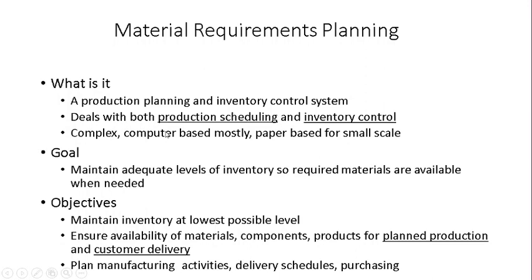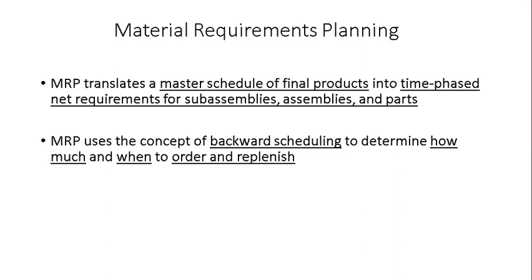It is actually a computer-based system, but for some small-scale manufacturing processes, it could be based on a traditional paper-based approach. So actually, it uses backwards scheduling, beginning from the final products that are required to be delivered, and schedules into a time-phased net requirements all the sub-assemblies, assemblies, and parts in order to schedule them for ordering appropriately.